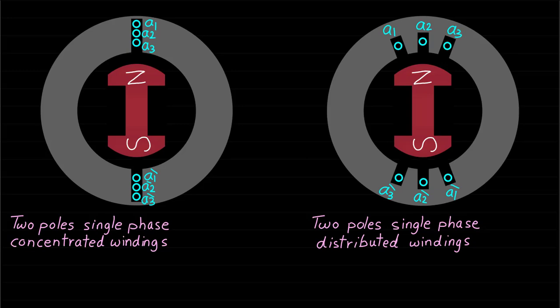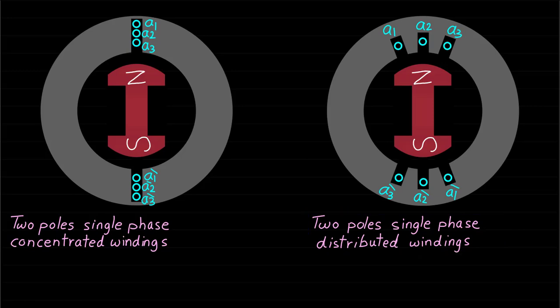These two figures show two synchronous machines. The first machine represents two poles single-phase machine with concentrated stator winding consists of 3 coils. The other machine represents two poles single-phase machine with distributed armature winding consists of 3 coils.